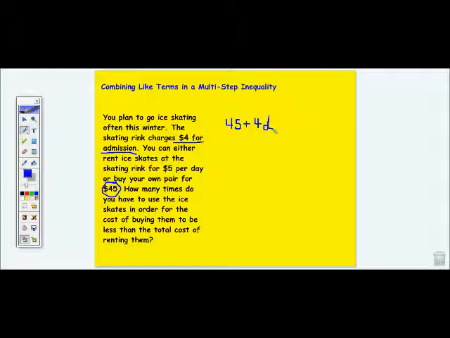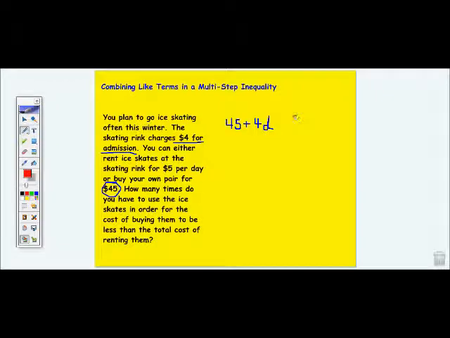$45 plus $4 per day would be the equation for how much I would have to pay when I go skating this winter if I own my skates. Now, if I rent my skates, I would instead need to pay the rental fee, and I'm going to change colors here again so you can see the difference.